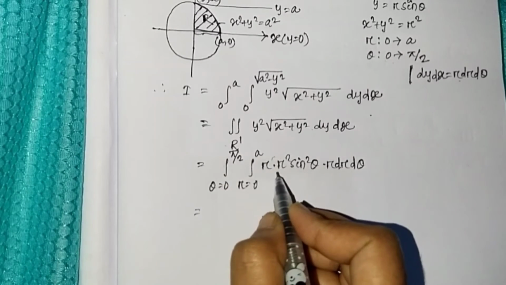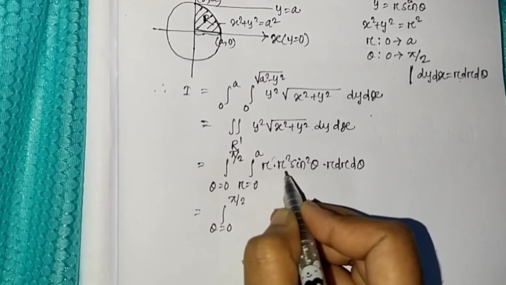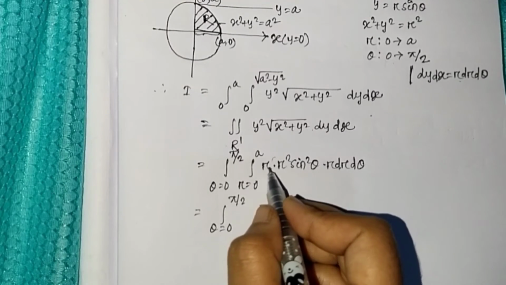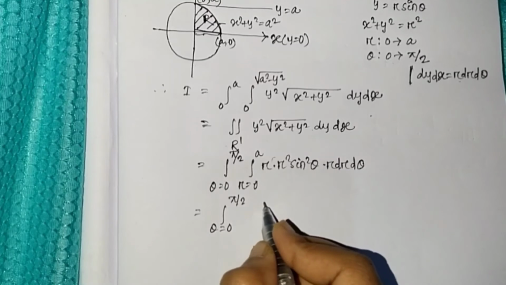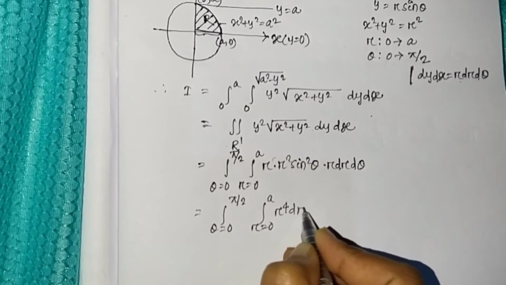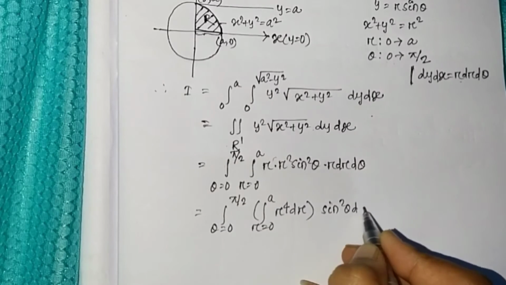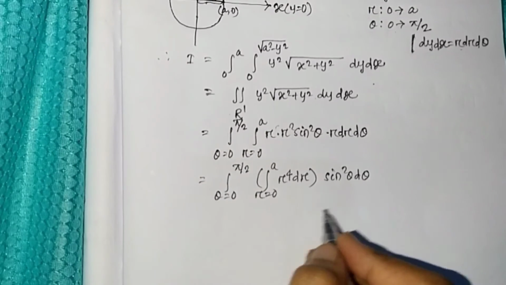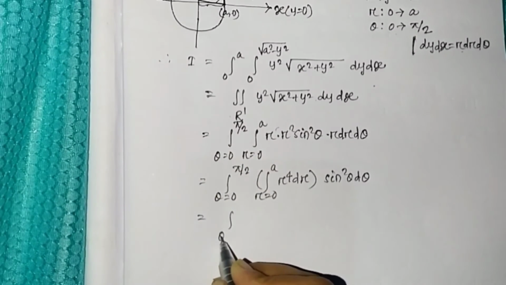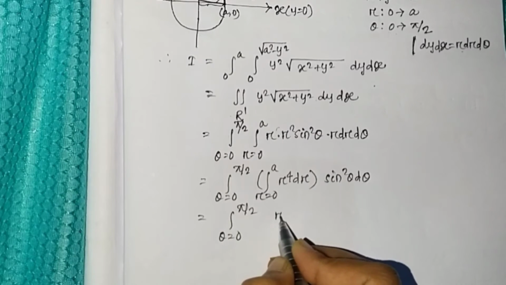So then theta is from 0 to pi by 2, and r square into r square is r to the power 4, with r from 0 to a, r to the power 4 dr, and our sin square theta d theta goes outside.